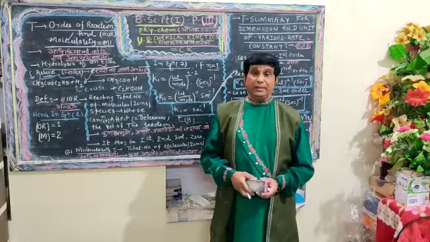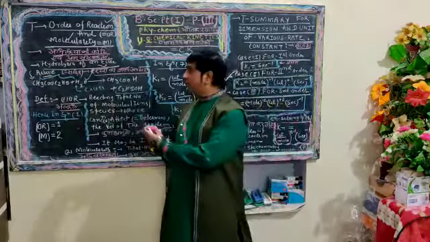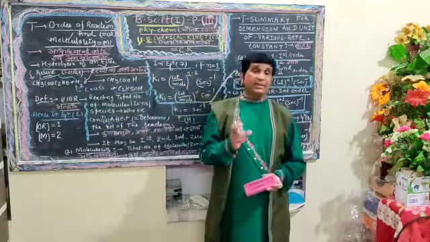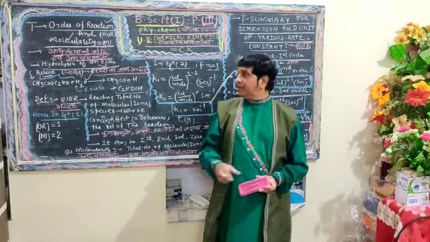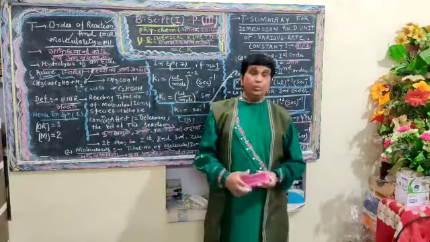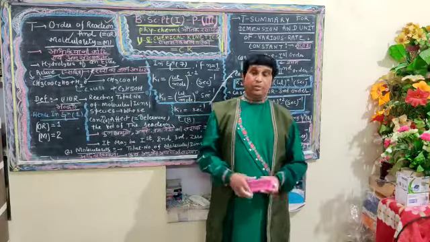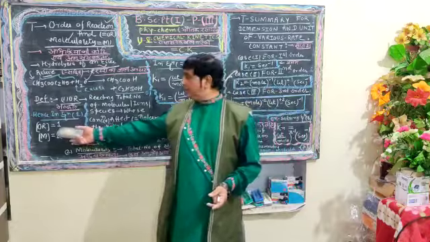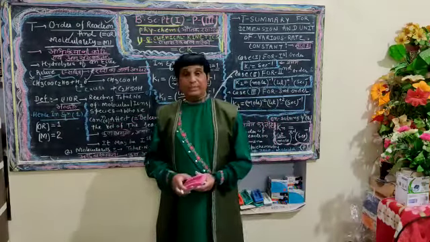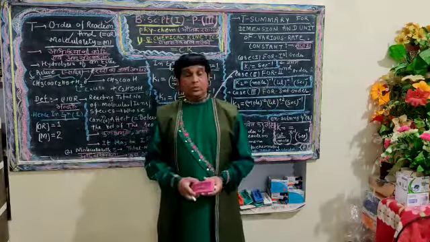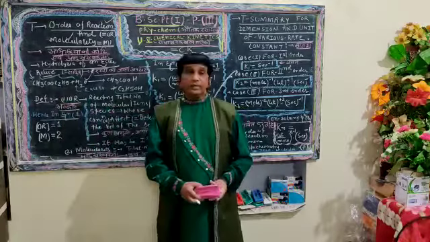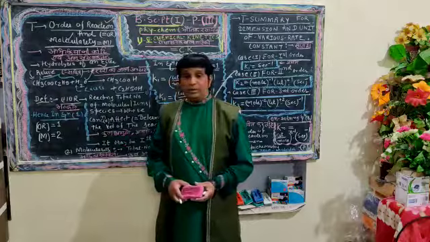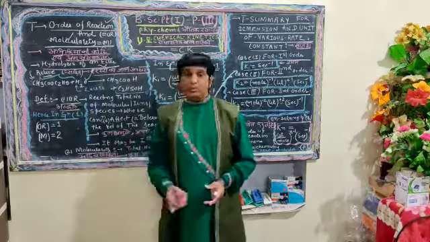So the order of this reaction is 1, depending upon the small concentration of ethyl acetate, while H2O, the excess molecule, does not change measurably. Hence the order of reaction for the above reaction is equal to 1, dependent upon the concentration of ethyl acetate. Similarly, the molecularity of the reaction is equal to 2.